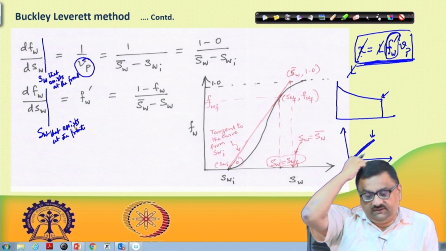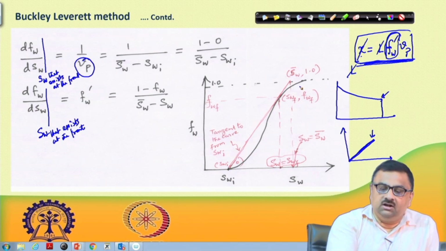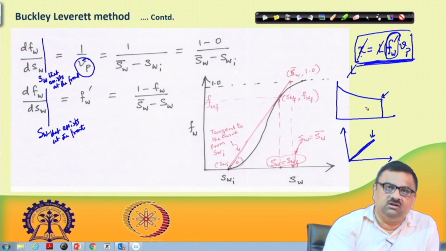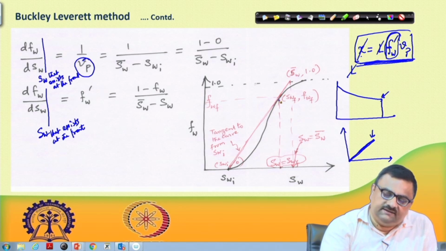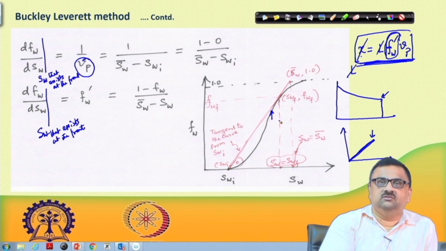Now, you think of this curve, this was the curve, right. So, we are saying that we are looking at some SW value for the front, and let us say I am talking about an arbitrary point, let us say this is SW. Okay.